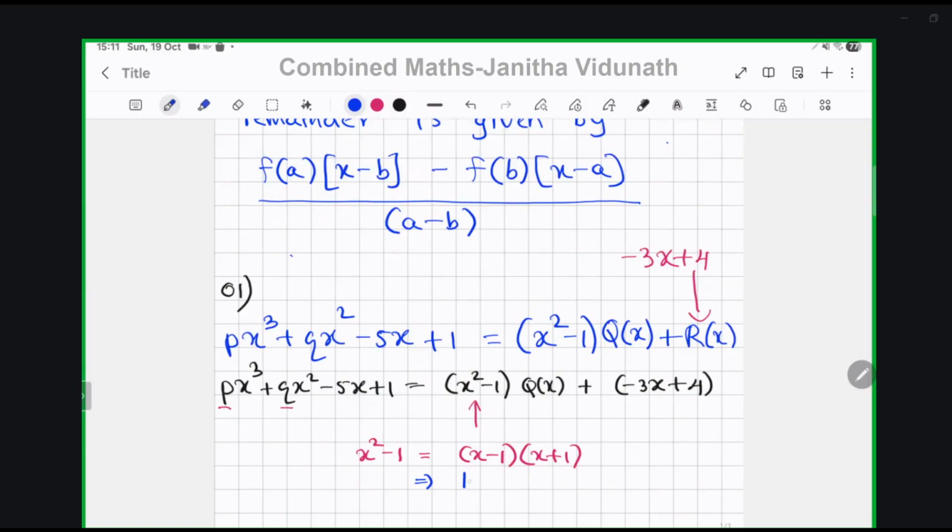These are linear factors. The standard form is ax plus b, and this is a linear polynomial. Now, our whole divisor can be written as a multiplication of linear factors.